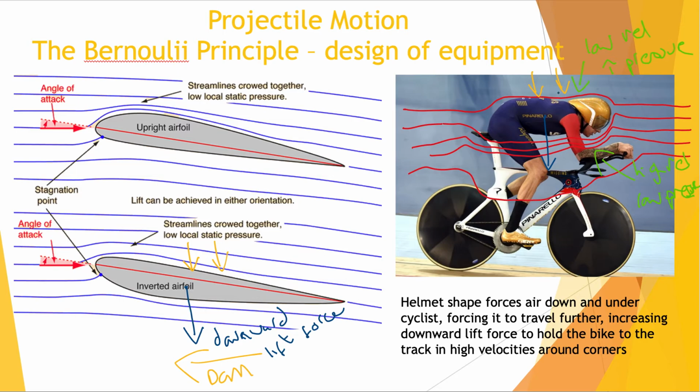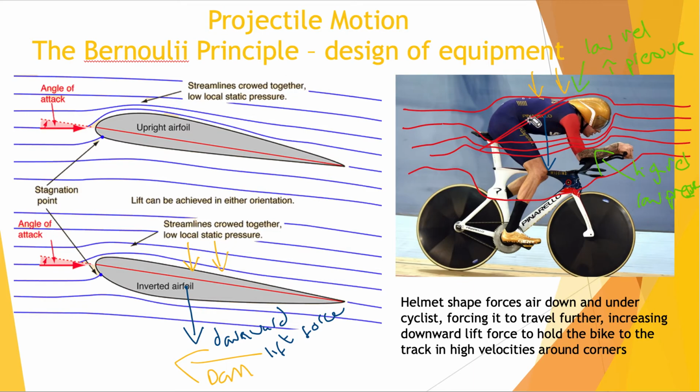So track cyclists are really looking to create this downward lift force, and they do it by having the seat high, which creates a flat back. If they had the seat in a low down position, then their back would be at this sort of an angle, which would force the air a long way around.